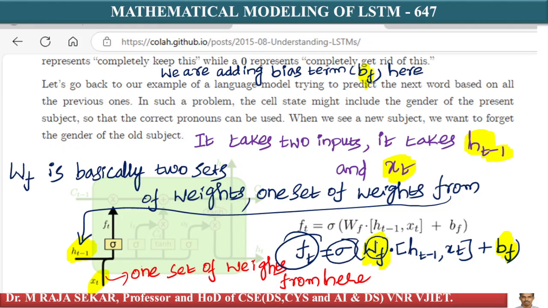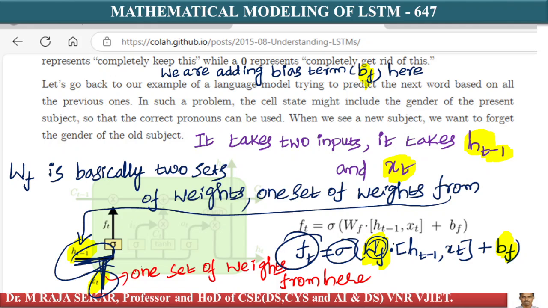What is this Wf? Forget gate weights, the weights that you have here. This weight is concatenated with this weight, isn't it? You concatenate both of them, you get the forget gate weight, that is Wf.